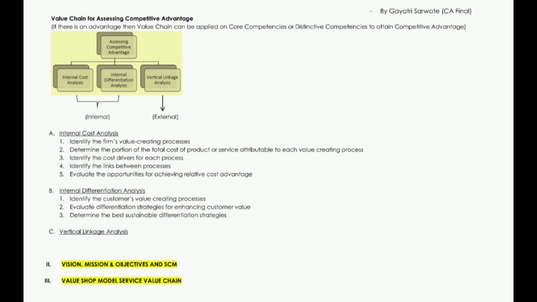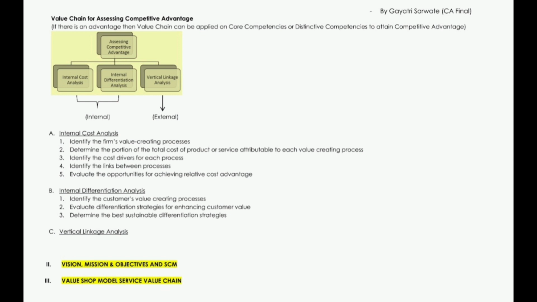Now, a company's objective is a precise and measurable future state that the company wants to achieve. The basic aim of this objective statement is to specify what needs to be done to attain the company's mission or vision.